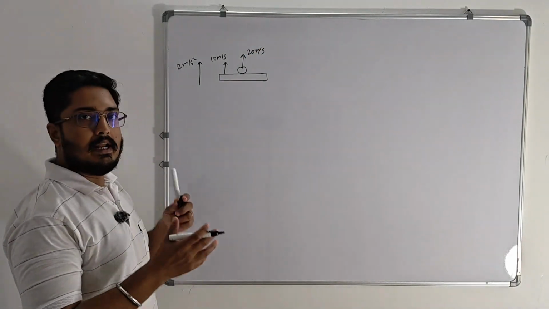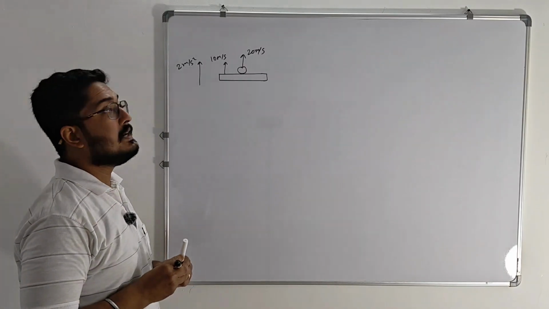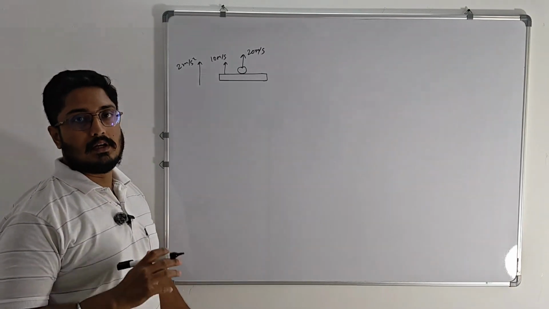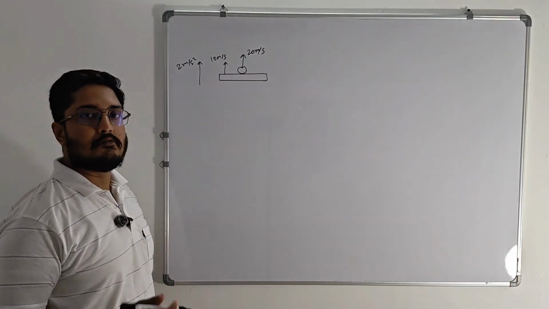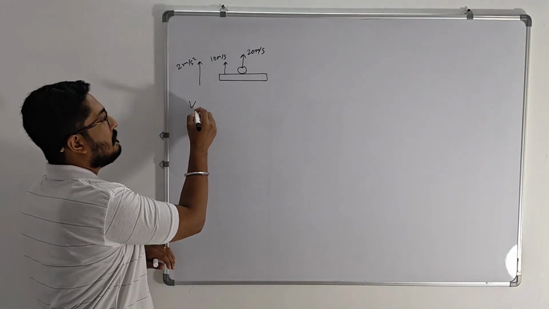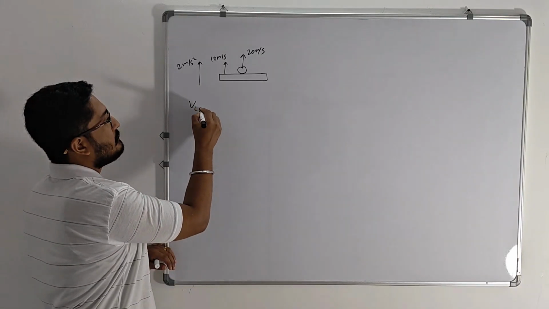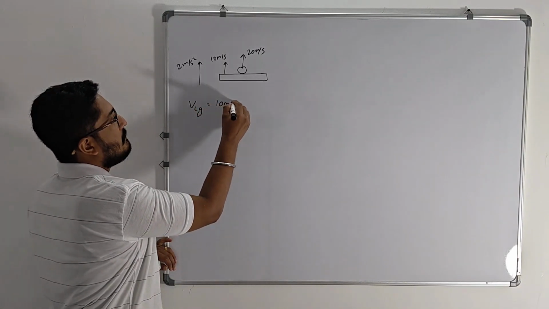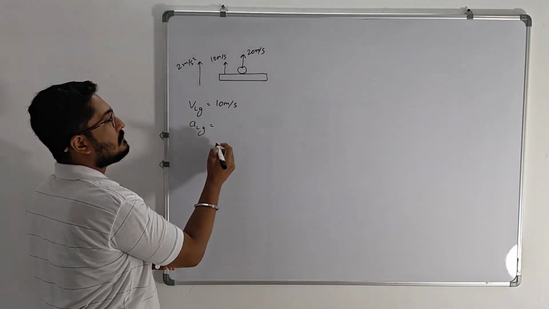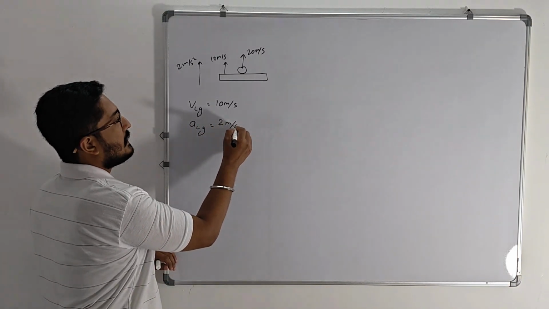Now here, because it's a relative velocity concept, we have to be clear with respect to what the data are given. They didn't say anything about the lift, but generally if nothing is given in the question, we would assume that the velocity of the lift is with respect to the ground, that is 10 meter per second, and the acceleration given for the lift is also with respect to the ground, that is 2 meter per second square.